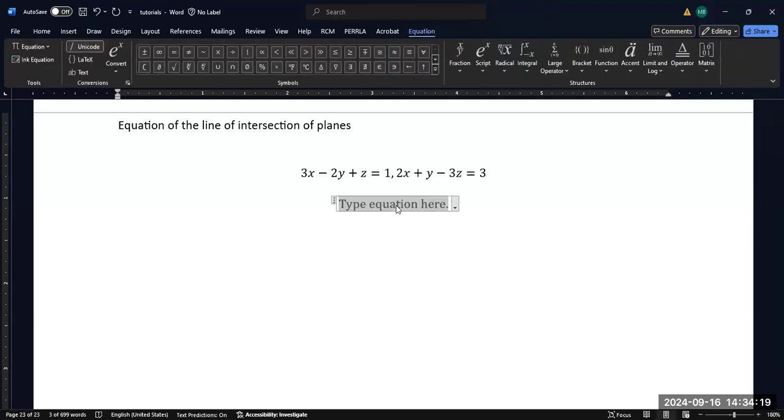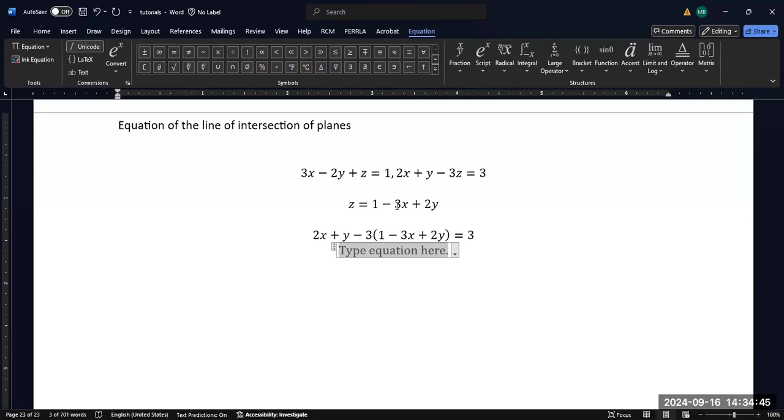And so that's going to give me z is equal to 1 minus 3x plus 2y. And then I'm going to substitute that into my second equation. So 2x plus y minus 3 times (1 minus 3x plus 2y) is equal to 3.